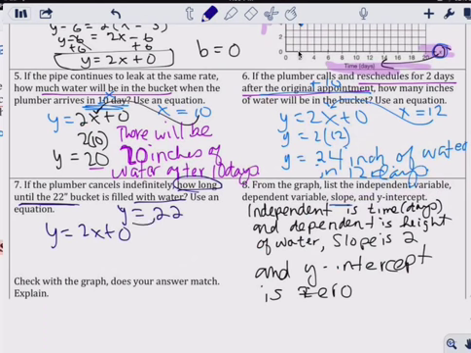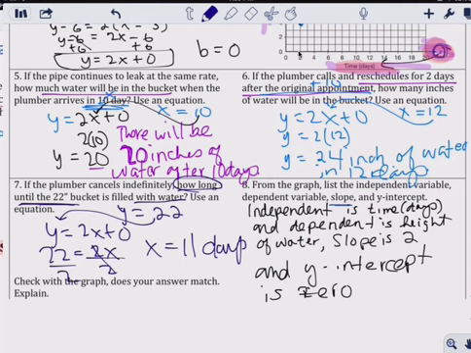That goes here. 22 equals 2x plus 0. We really don't need the 0 because you minus 0. So you divide by 2. X equals 11. X represents days. So your x is 11 days. So it takes 11 days for the water to get filled up.